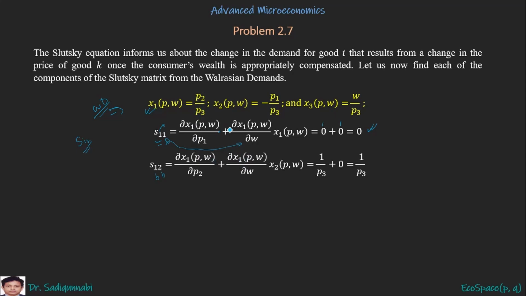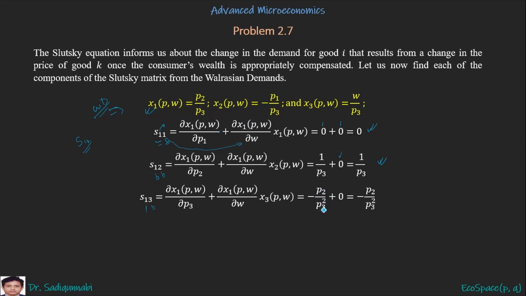So it is 1 by p3. One 3 means good x1, price p3. Because p3 is in the denominator, it is p2 divided by p3 squared with a minus sign. Why minus? Because it is in the denominator.